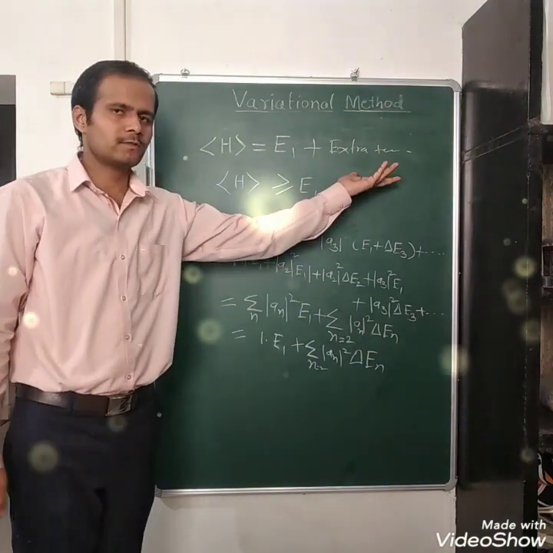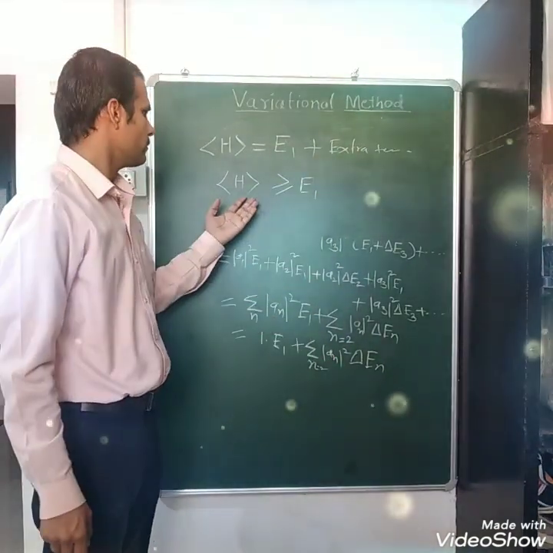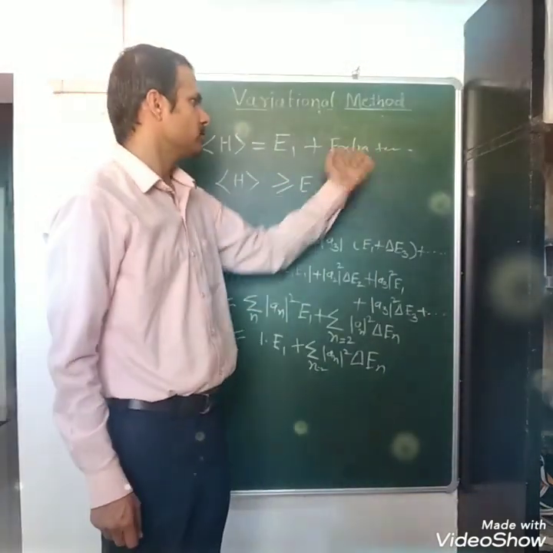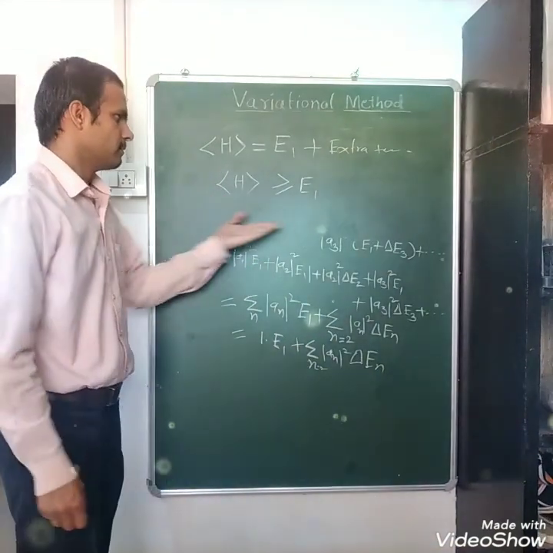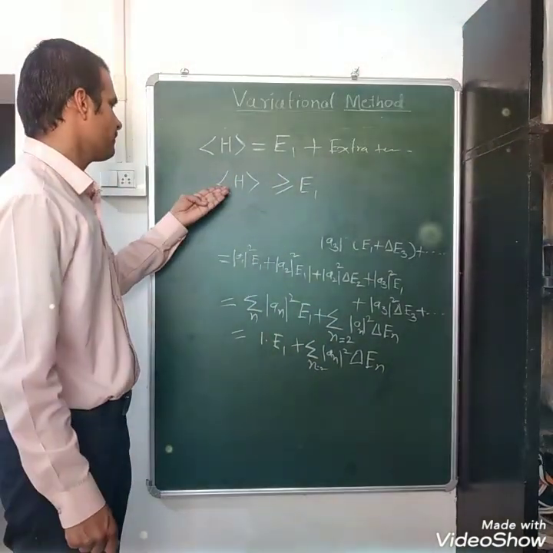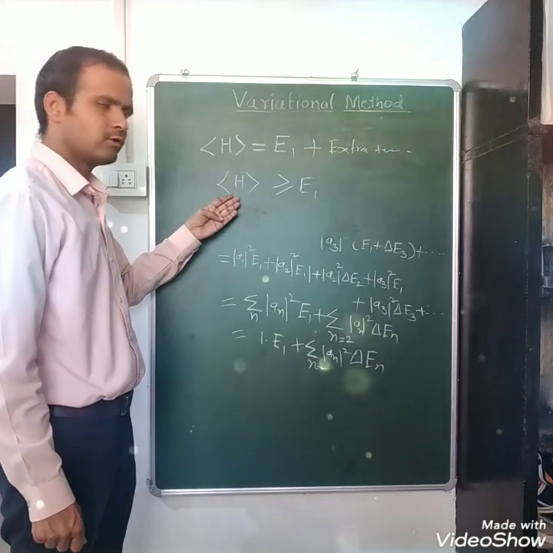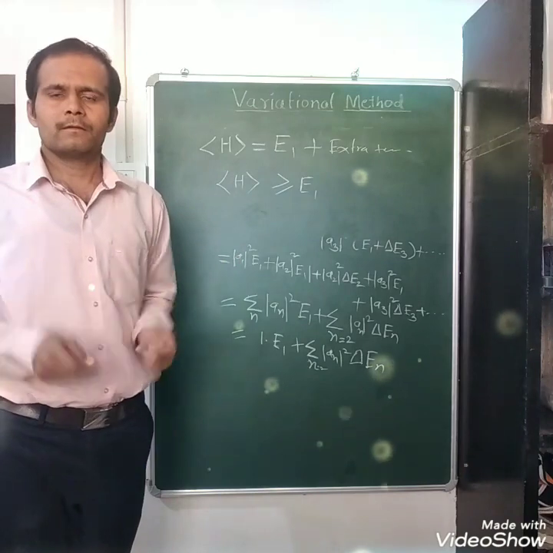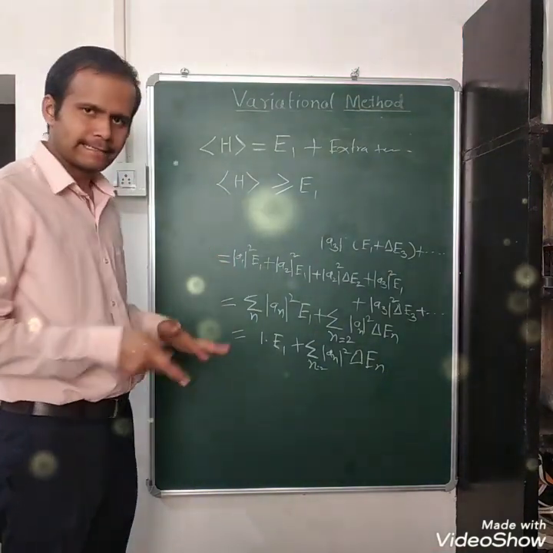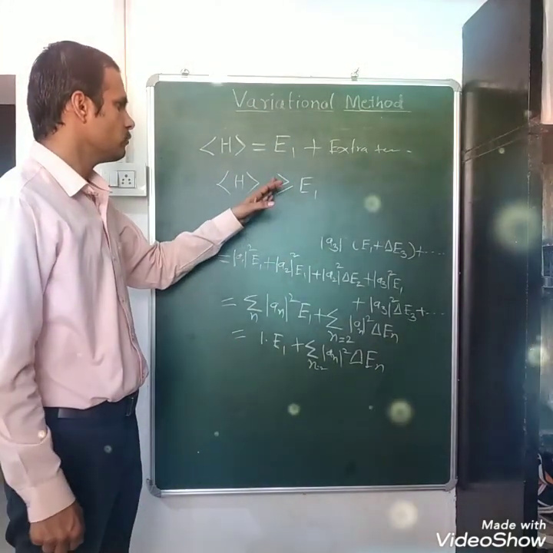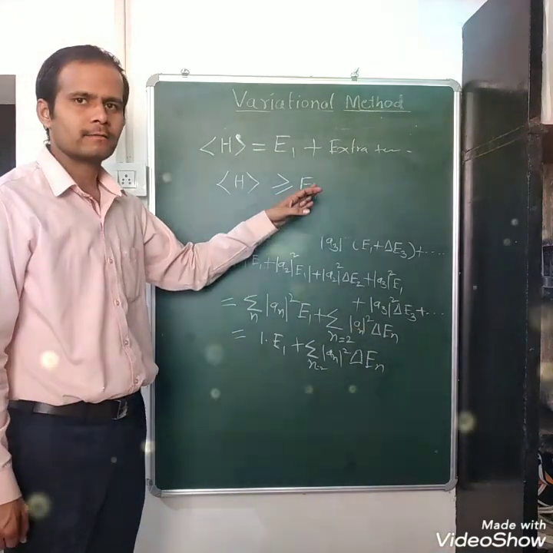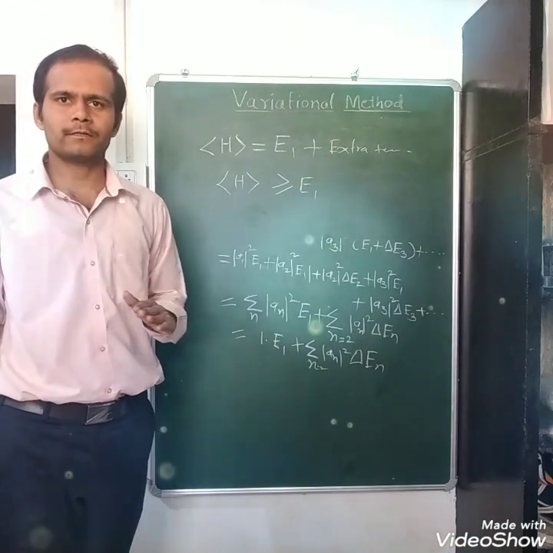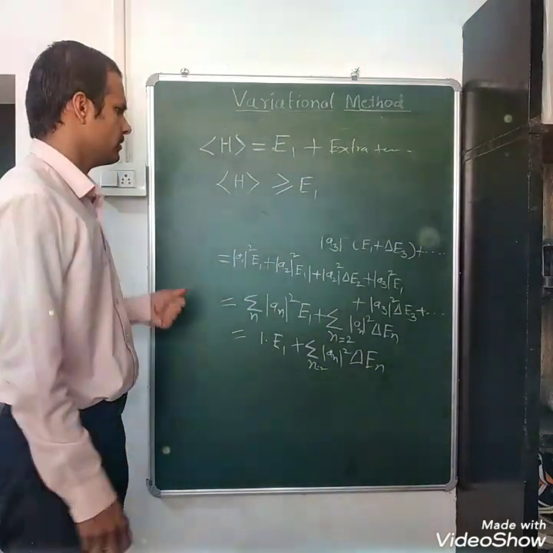If extra terms are 0, then it will be equal to E1, and if this term is non-zero, then the condition will also be satisfied that the expectation value of the Hamiltonian for that trial function is equal to or greater than E1. That E1 is our ground state energy or first state energy here.